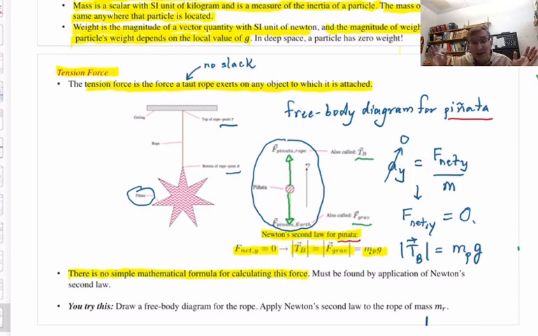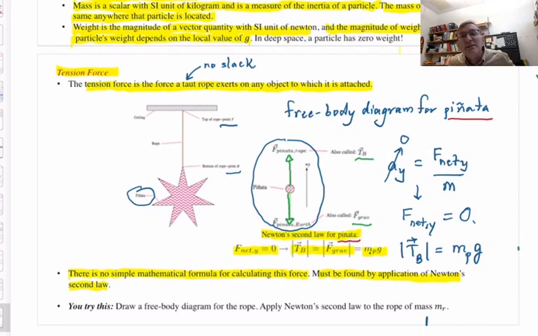You can use it any time you need to know the magnitude of F grav. But there is no simple canned formula for calculating the tension force. The only way you can calculate what the tension force is in a given situation is by applying Newton's second law. That's what I did right over here to find the tension force at the bottom of the piñata. I had to apply Newton's second law.